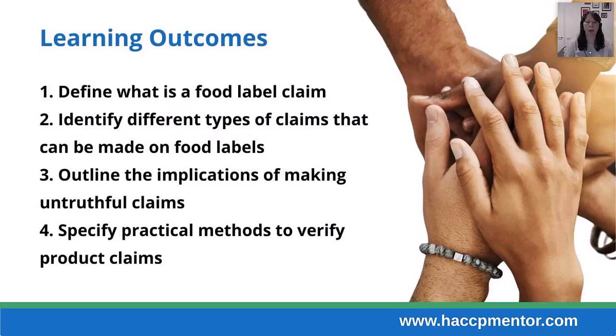We're going to outline the implications of making untruthful claims, and we're going to finish up by giving a really easy 7-step process on how to actually go through and verify your food product claims. So hopefully that's what everybody's going to be interested in today, because that's what we're going to be covering.